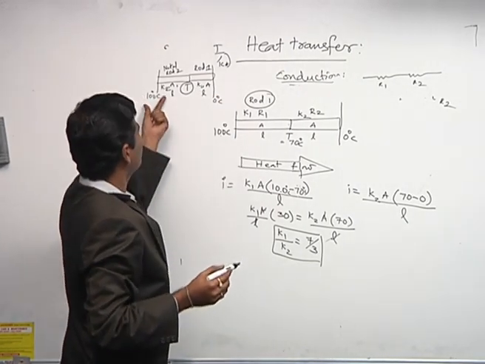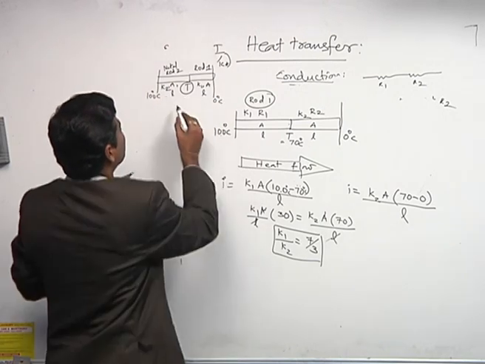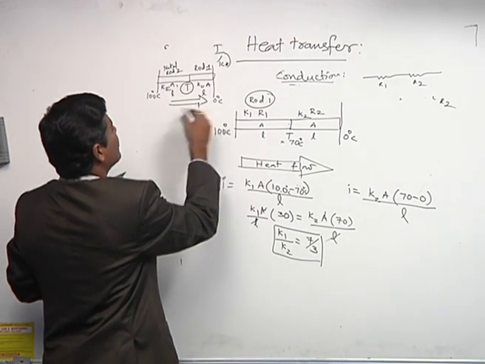Obviously heat flows from higher temperature to lower temperature, 100 to 0 degrees centigrade. Same here, heat current flows in the same direction.